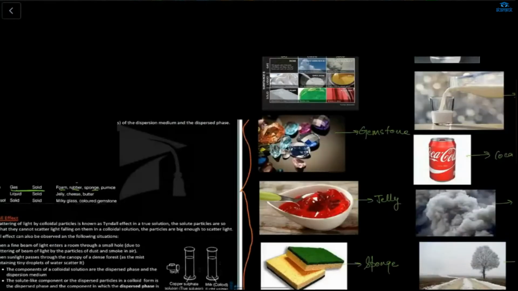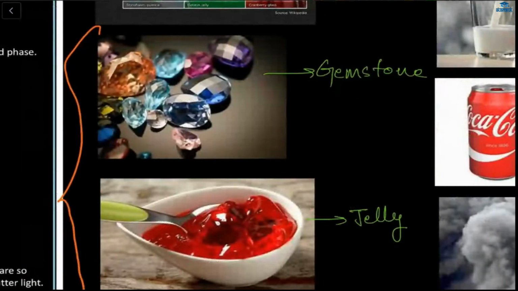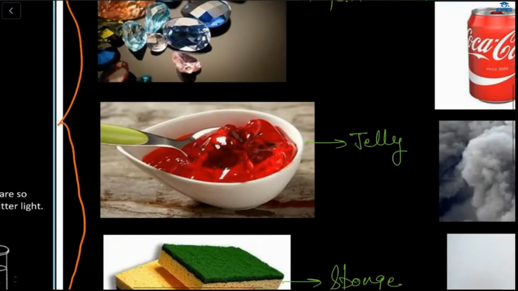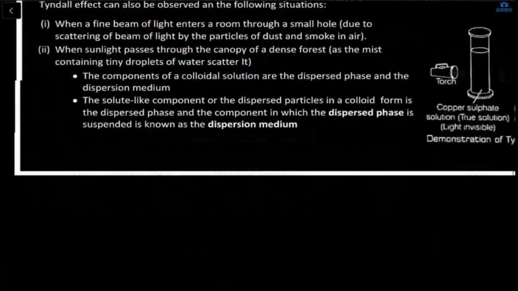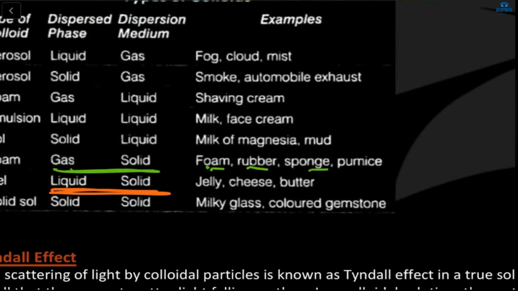See, here in solid and solid solution, can we say the gemstone? Gemstone is solid and solid, right? And the liquid and solid should be jelly. Ma'am, I don't understand this part. How is gemstone solid and solid? The example of solid in solid was alloy.